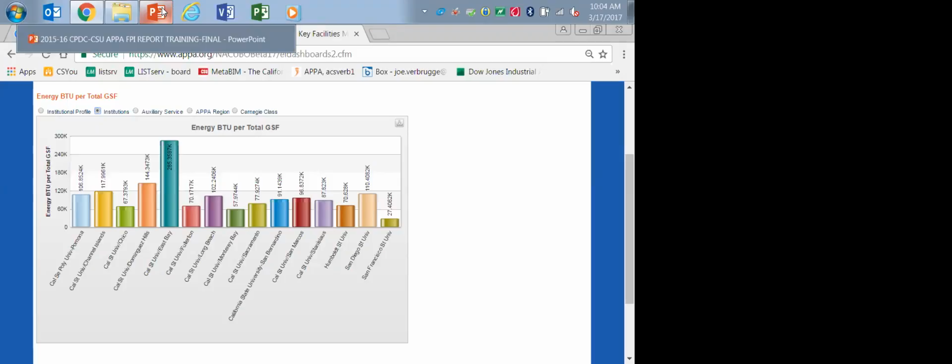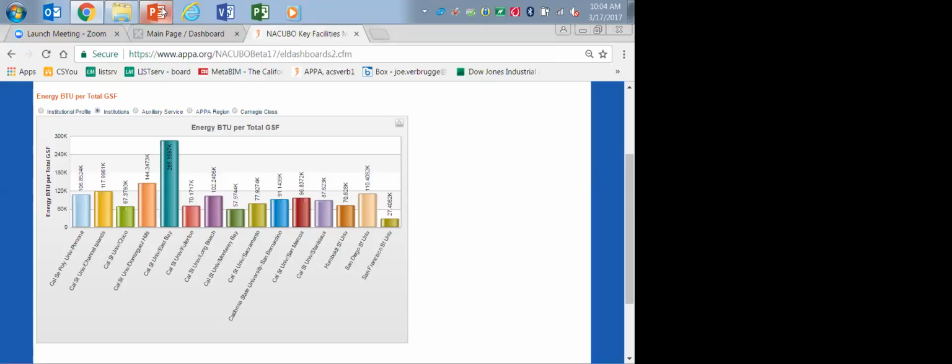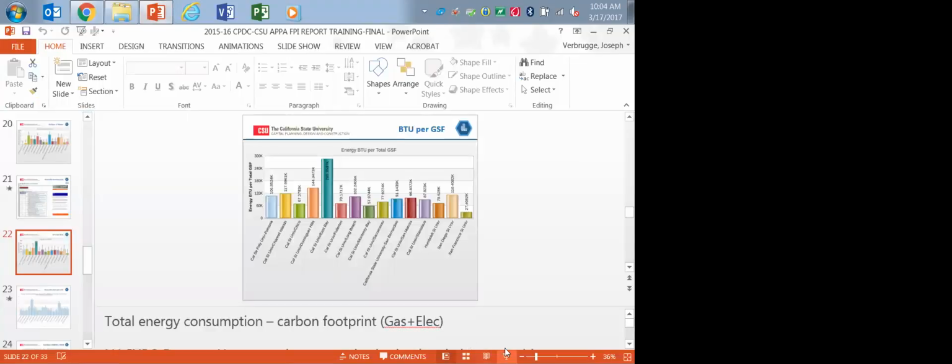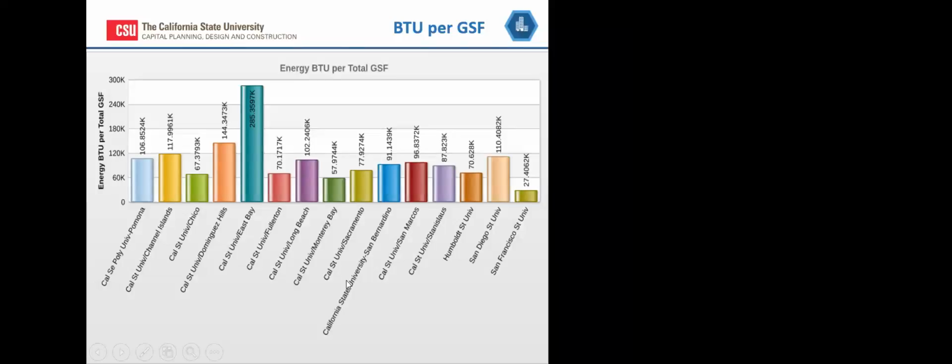It could be a typo or an error in the submission, or a misunderstanding of the differences between the FPI and the survey and the NACUBO. Yeah, more likely in this case, it's an error in the type of data that was used, right? So the two primary drivers are energy and square footage in this particular calculation, right?